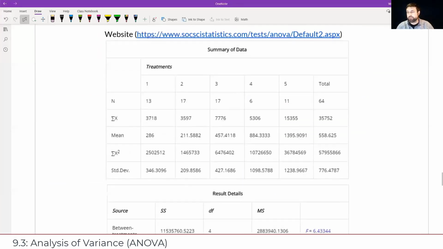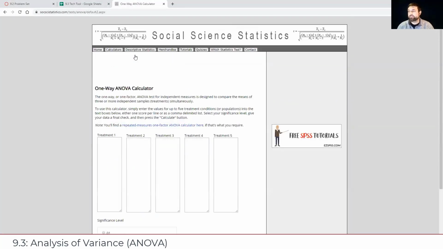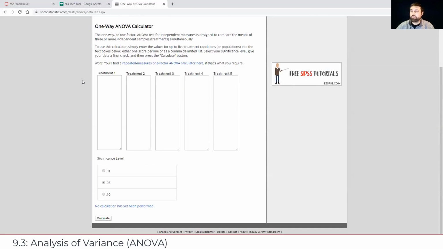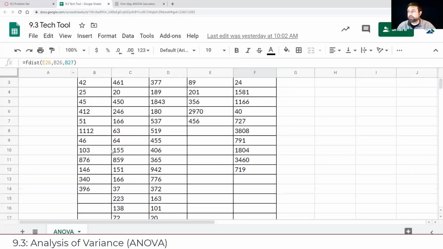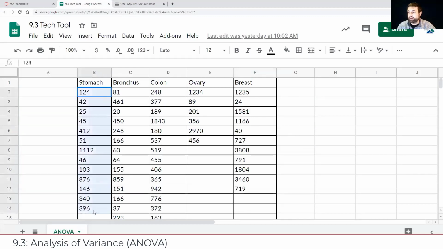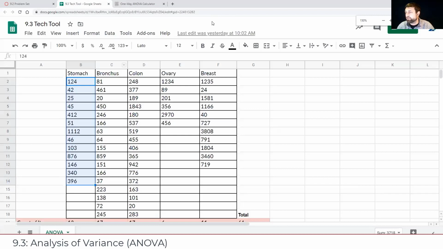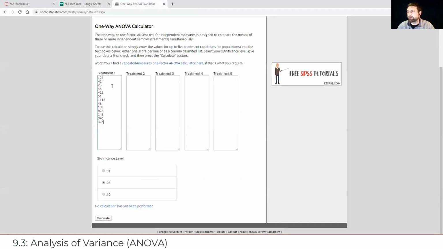So here's a website, and this is called Social Statistics. And so you click on this, and look at that. Here are my 5 treatments. So I'm just going to go back to my tech tool, and I'm going to grab the data for the stomach cancer, and I'll zoom back just a little bit for this. I'm going to copy it, and I'm going to paste it right there.